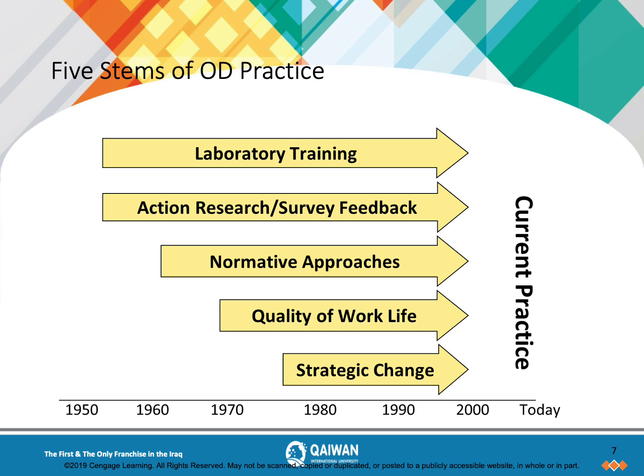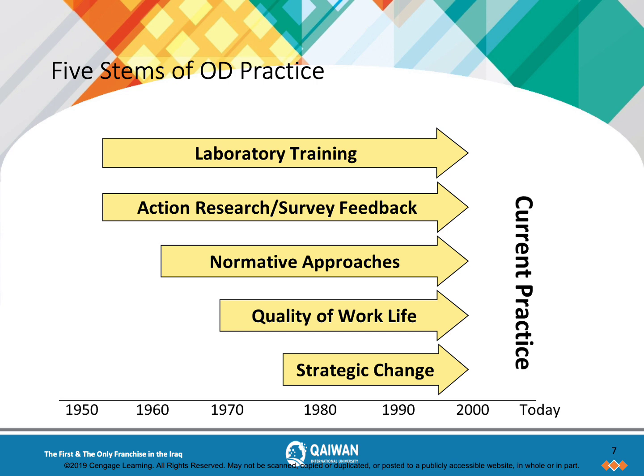If you are looking at this slide, you can see that we have 5 stems of organization development practice, and these 5 stems are not random. They developed over time as organizations faced new challenges. This slide shows how organization development has evolved from the 1950s until today.